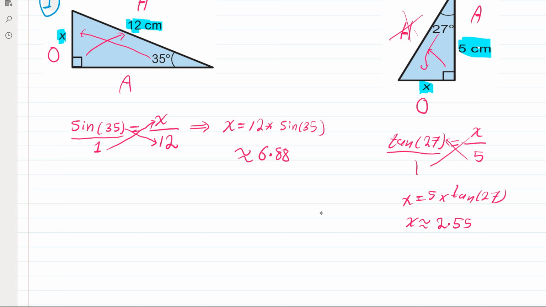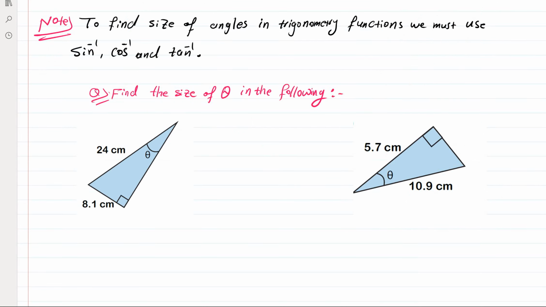One more thing left. I'll explain how to find the size of an angle, then we will end the video. Dear students, before finding the size of an angle, you need to remember one thing.